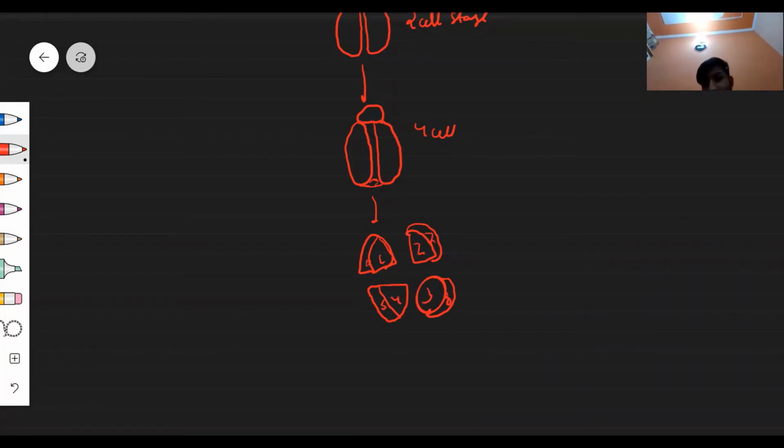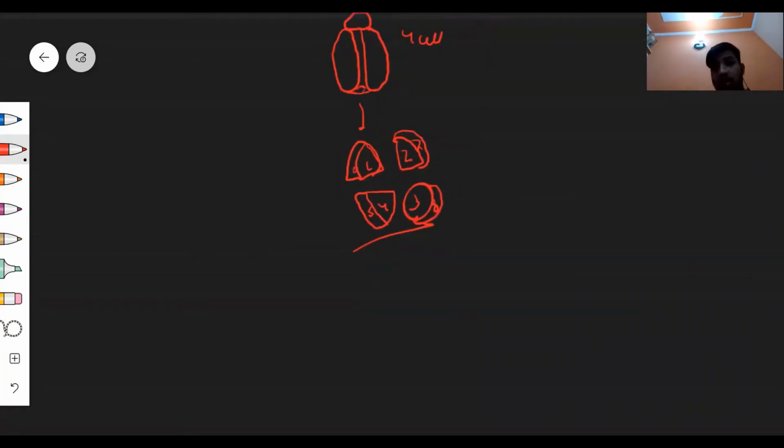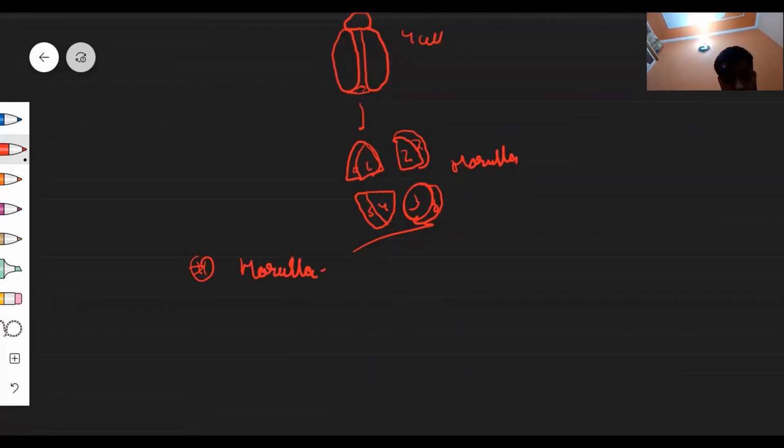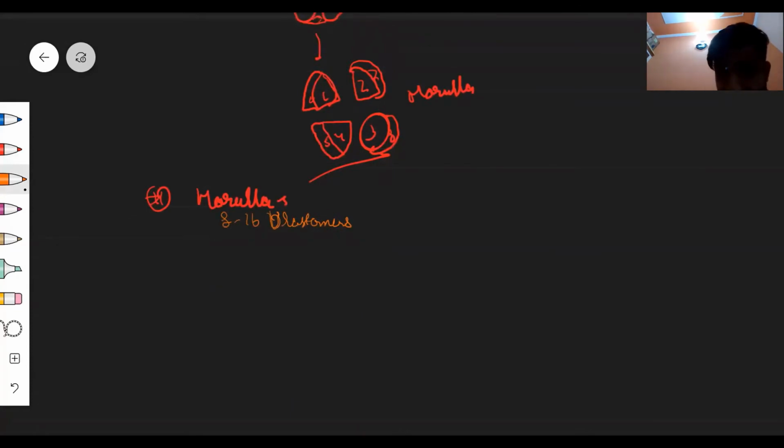The 8 cell stage, or the morula. Let's talk about what is morula. It is a ball of 8 to 16 blastomeres.